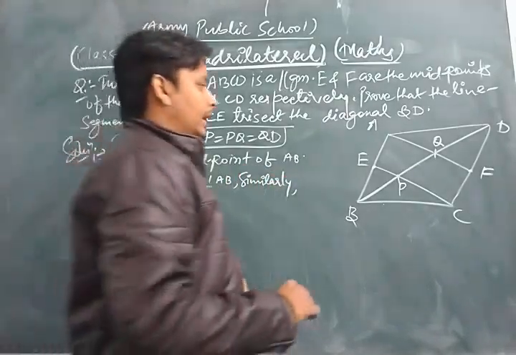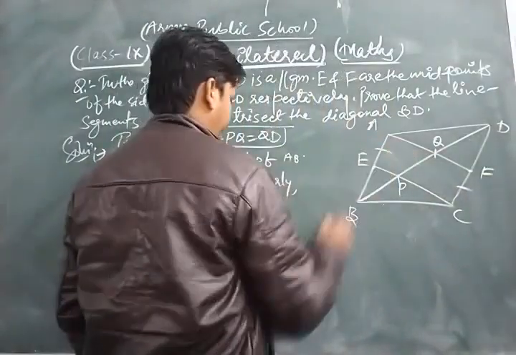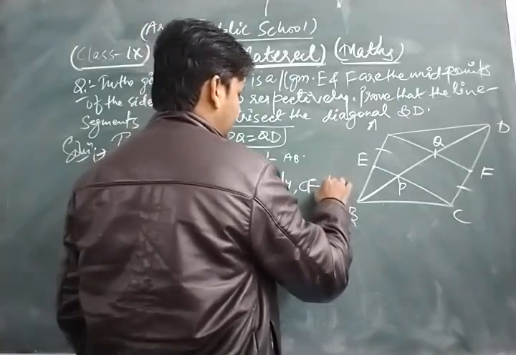Similarly, F is the midpoint of CD, so CF is equal to half of CD.